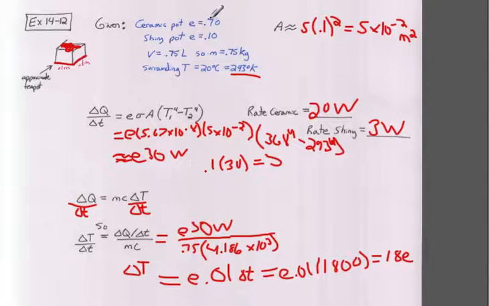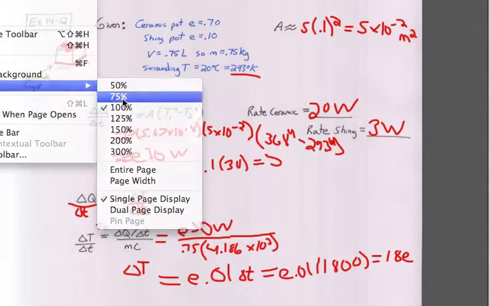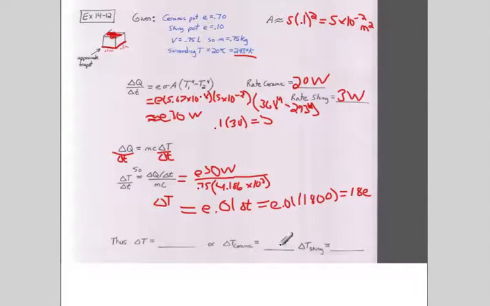So the ceramic pot, 1800 seconds later, it's going to be, let me zoom out a little bit. So 18E. So for the ceramic pot, we're going to go 0.7. So that's going to give us about 12 degrees Celsius.